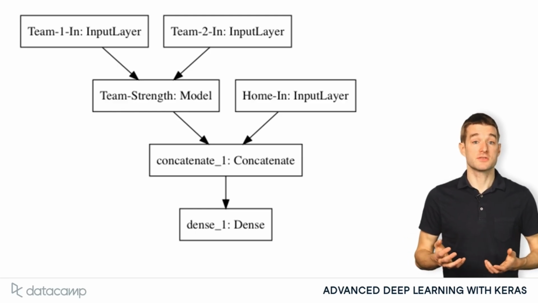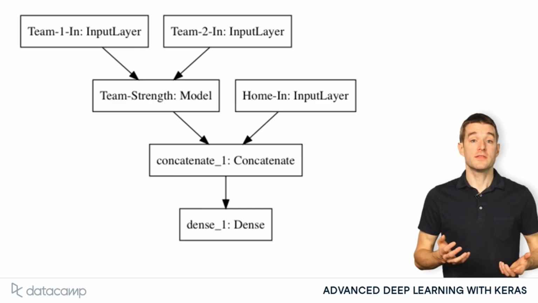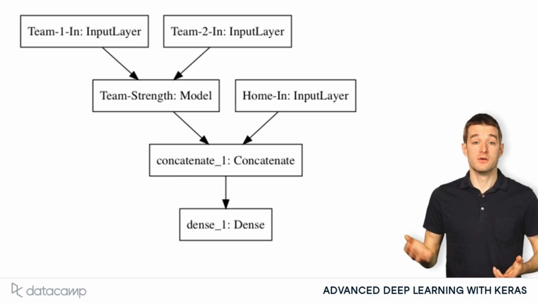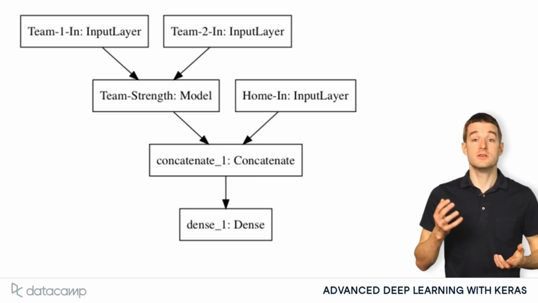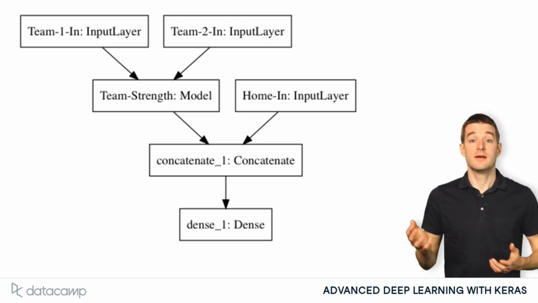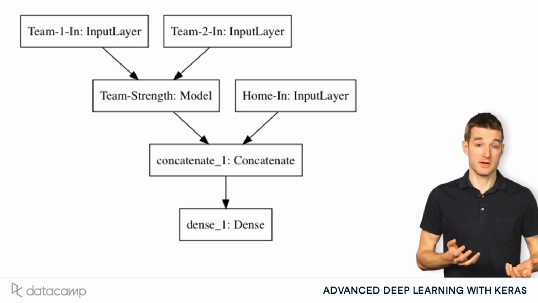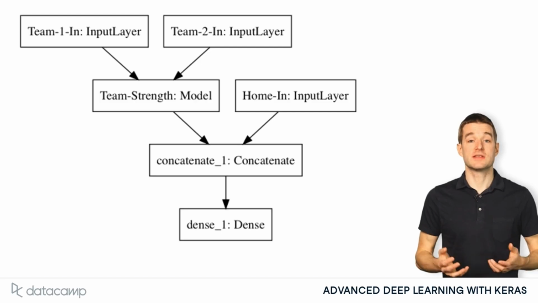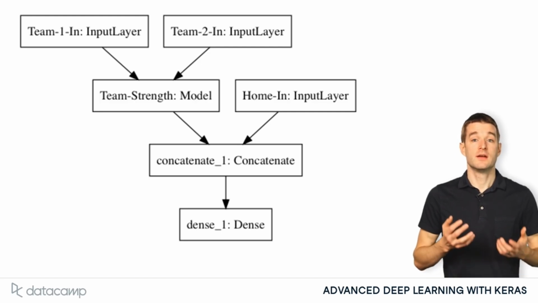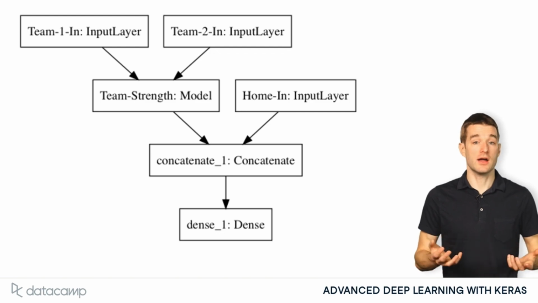These boxes have arrows coming in and arrows going out. Note that this model has a shared model, the team strength model, which is applied to 2 of the inputs before they are combined in the concatenate layer with the 3rd input. The boxes at the top of the image represent the inputs. These boxes only have 1 arrow going out and none coming in.